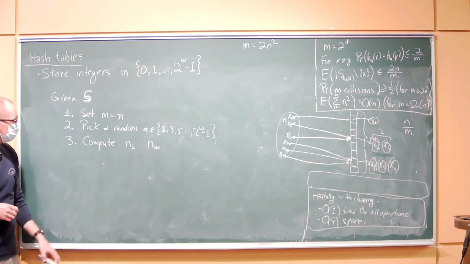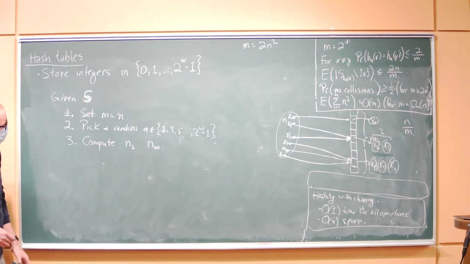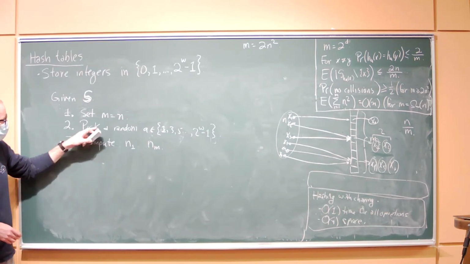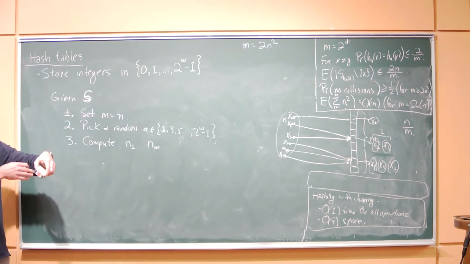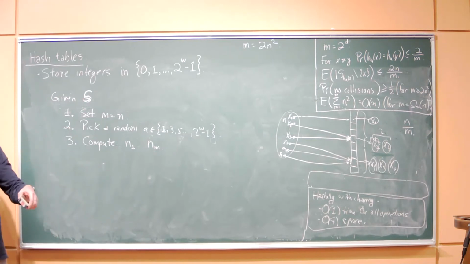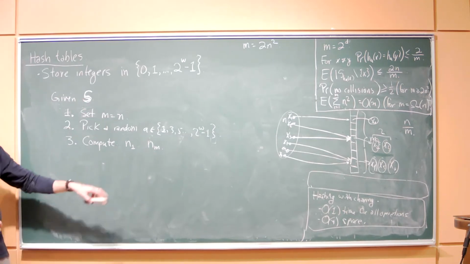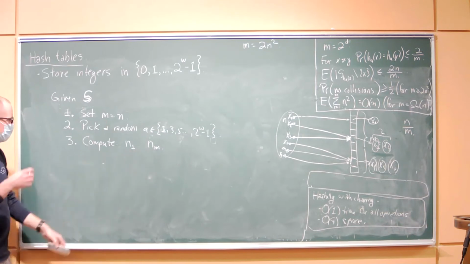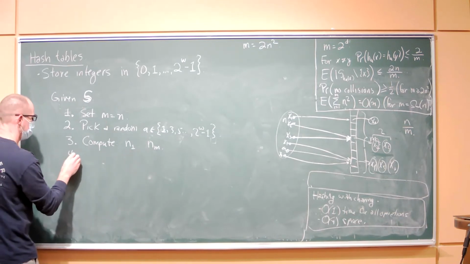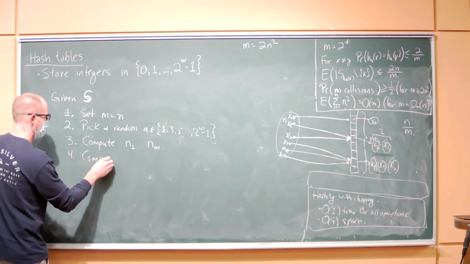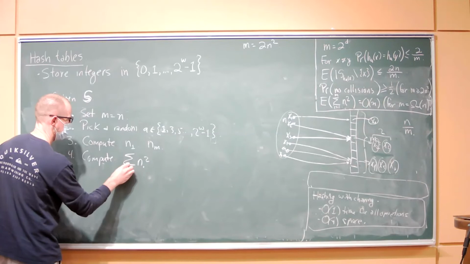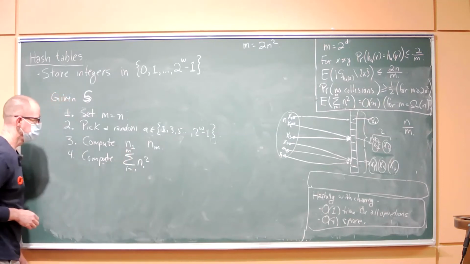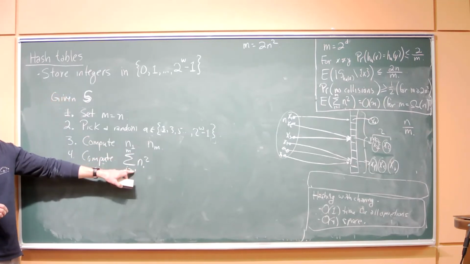That's just use an array of size m, and then each time you set it starting with all zeros, and now hash each thing and go and increment the value that's stored at that location. So now I know n_1 to n_m. Compute the sum of the n_i squareds. If I know the n_i's, I can compute the sum of the n_i squareds.